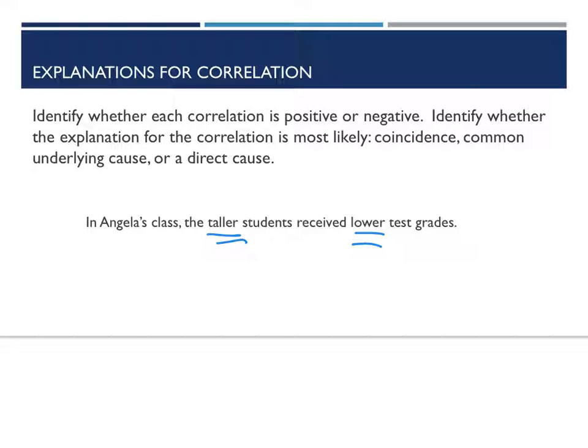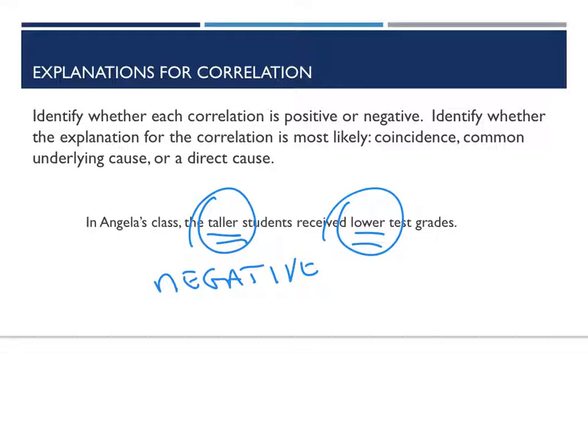The only time you get a negative correlation is when you have one increasing variable and one decreasing. That makes a negative correlation. Now, if the taller students are getting lower grades, hopefully that's just a coincidence. I mean, unless you've got something against basketball players.